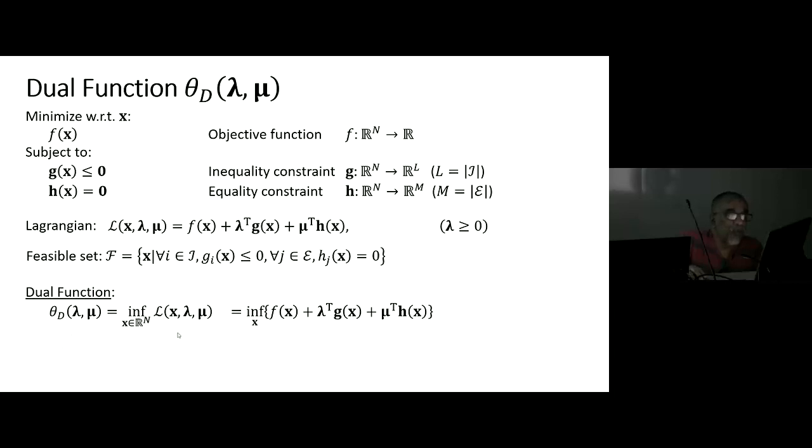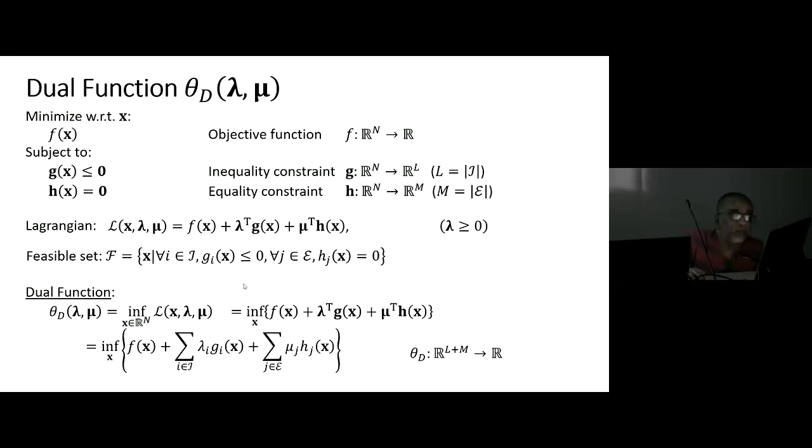So this is what we want to minimize with respect to the primal variable x. So this is the infimum of this whole thing. And theta d is a mapping from L plus m dimensions to a scalar, because we have two sets of variables. This is an L-dimensional vector, lambda, and mu is an m-dimensional vector. Any questions so far?